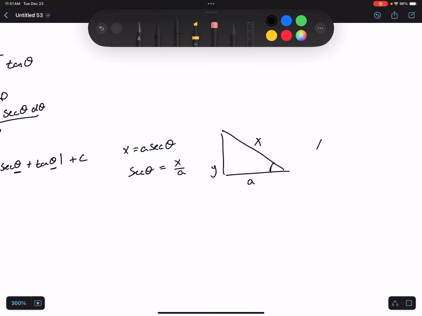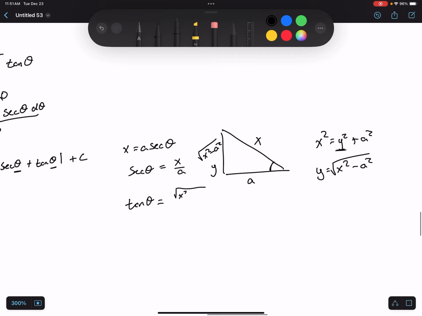And we can say that x squared equals y squared plus a squared. Solving now for y, we can get y equals the square root of x squared minus a squared. And so that will go here, square root of x squared minus a squared. And so tangent theta, in this case, equals opposite over adjacent, which is the square root of x squared minus a squared over a.